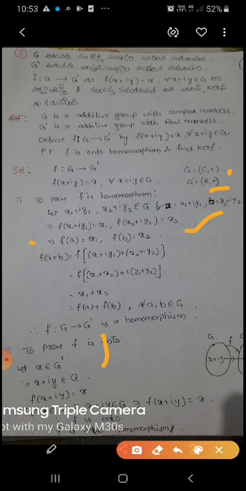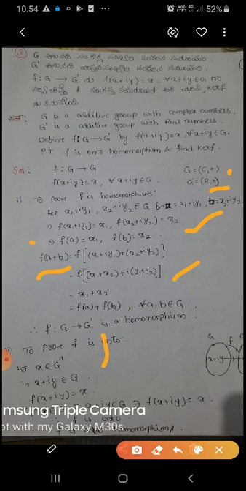So f(a) = x1, f(b) = x2. Consider f(a + b) = f((x1 + iy1) + (x2 + iy2)). We can write real parts one side and imaginary parts one side, so (x1 + x2) + i(y1 + y2). So that equals x1 + x2. What is x1? f(a). What is x2? f(b). Therefore f(a + b) = f(a) + f(b). So therefore f is a homomorphism.